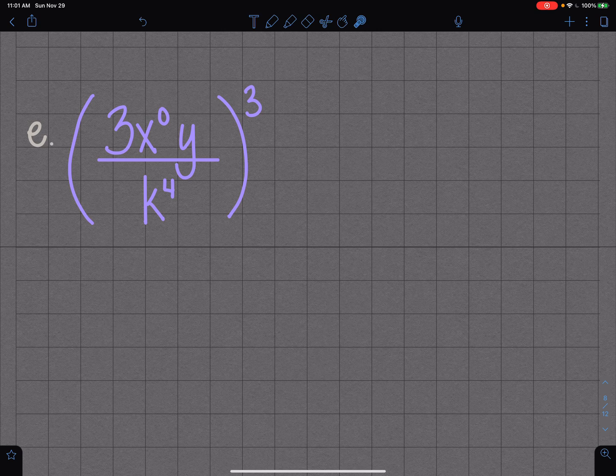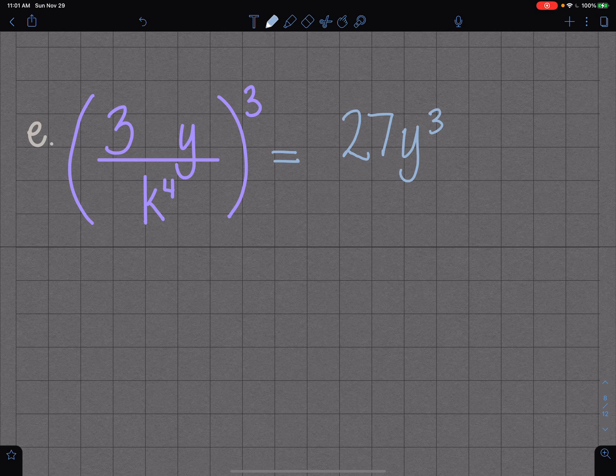Oh, you know what? I see something that I like right away. I see this x to the 0. X to the 0, when it's all multiplied, it's not added to anything. What can I do? I can just get rid of it. X to the 0 is just 1, right? So let's simplify that, and then let's keep going. Now, I'm going to have to do 3 cubed. 3 times 3 times 3 is what? 3 times 3 is 9 times 3 is 27.